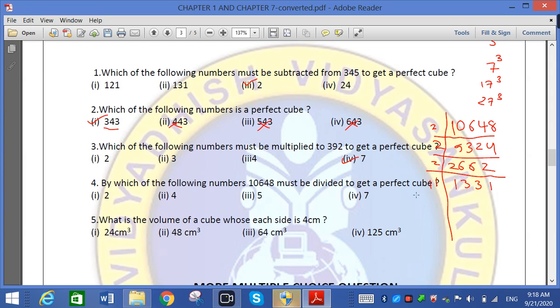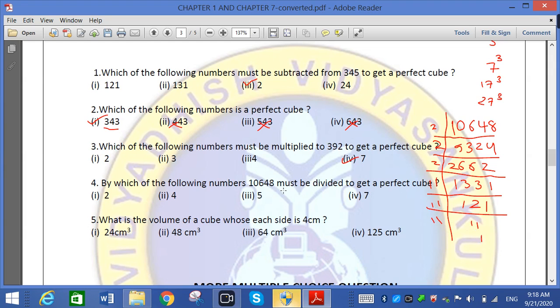So again 11, yes, 1331 is a cube of 11. 11, again 11, 1.